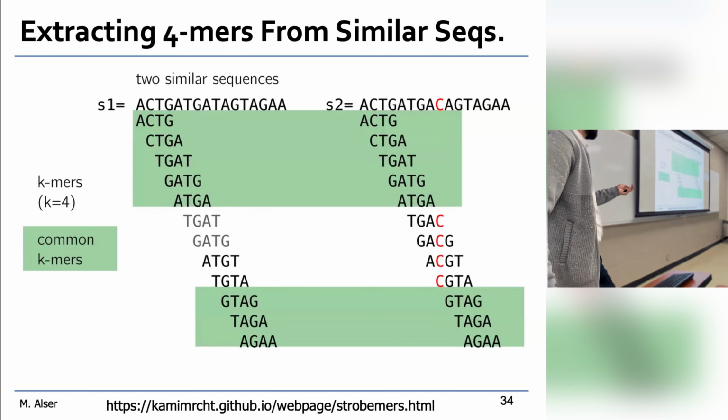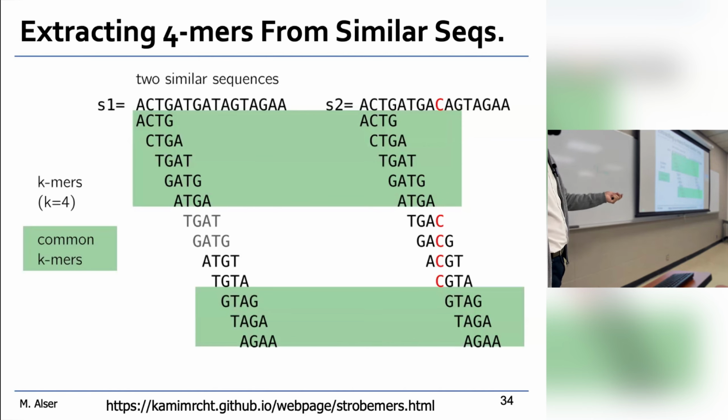K here is 4, so this is a 4-mer. Again, remember, the K you could replace with a number, and then you write mer. Now we extract all 4-mers from this sequence. We extract the first 4 characters, we shift by 1 character, and then extract the next 4, shift by 1 character, extract the next 4, and so on.